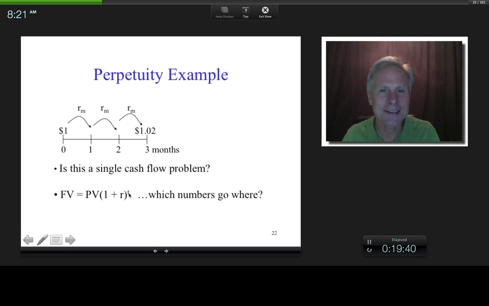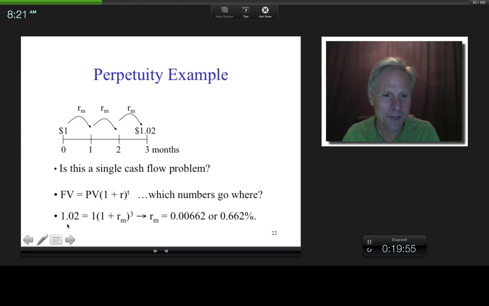And what would be the T? Well, how many periods are we bringing this dollar forward? 3 monthly periods, right? So the T is going to be 3. And so if we put in the numbers and solve for this RM, we get the effective monthly rate is 0.00662, or 0.662%.